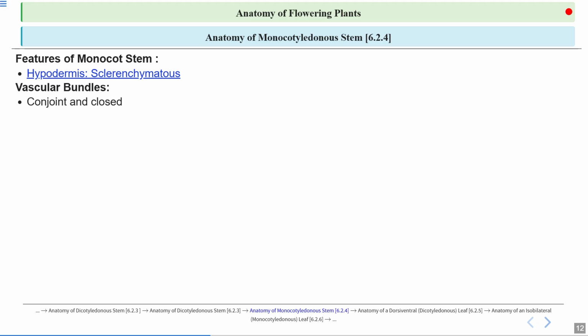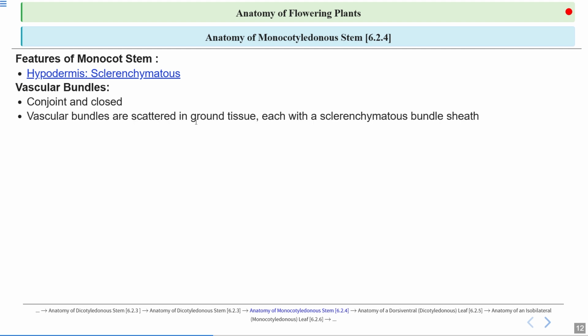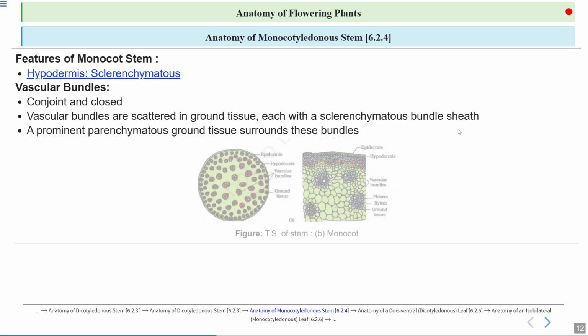In between the xylem and phloem, the cambium layer is absent. Vascular bundles are scattered in the ground tissue, each with a sclerenchymatous bundle sheath. So they are not radially arranged. They are scattered in the ground tissue, each with the sclerenchymatous bundle sheath.